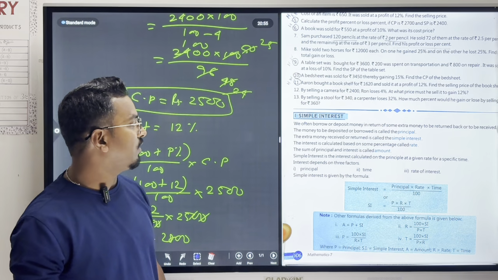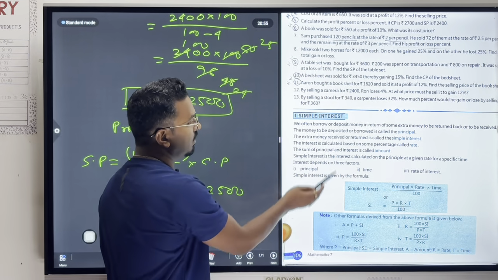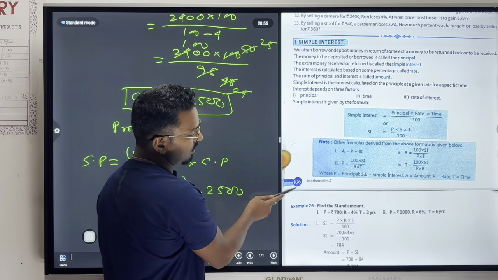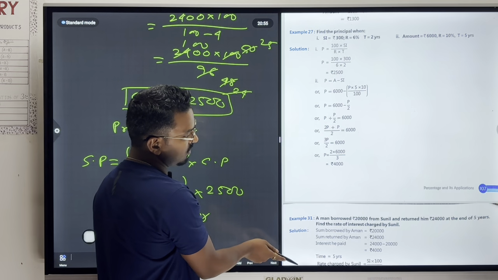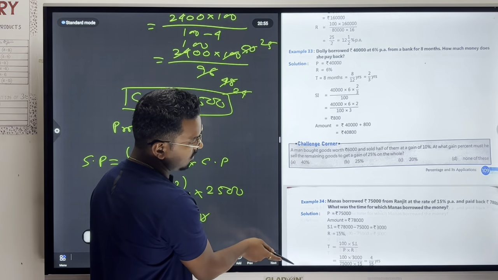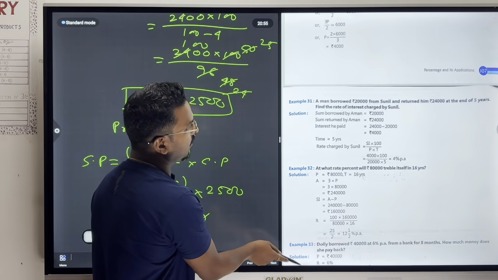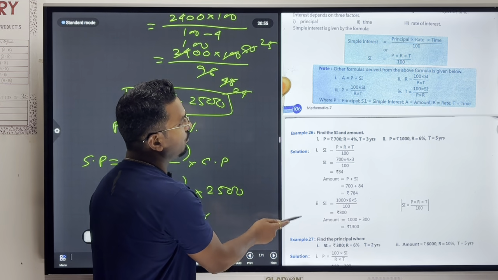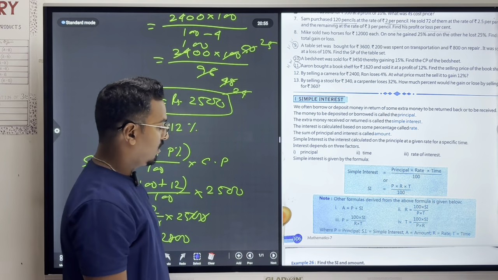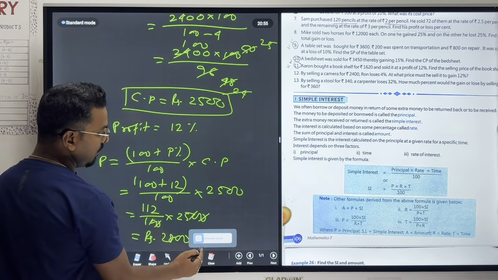So before that we have to understand some formula related to that. That is simple interest. What is simple interest? Only simple interest. Okay, simple interest means suppose you are depositing some amount in the bank.